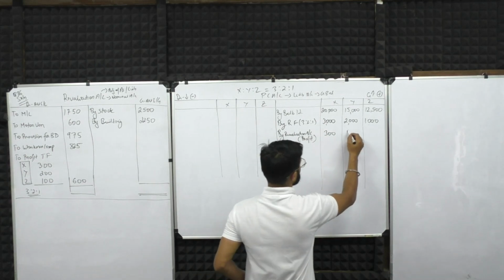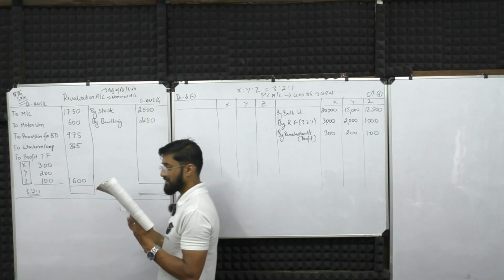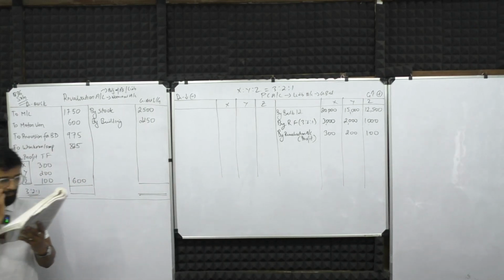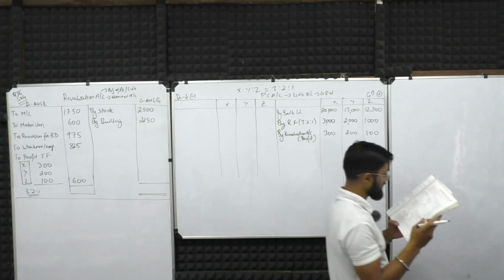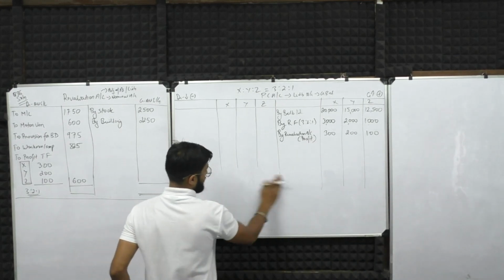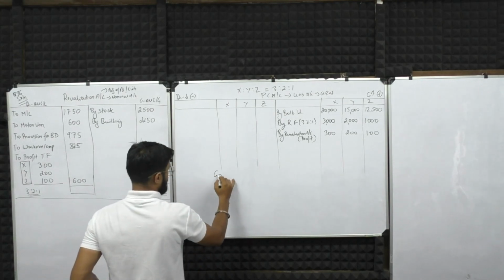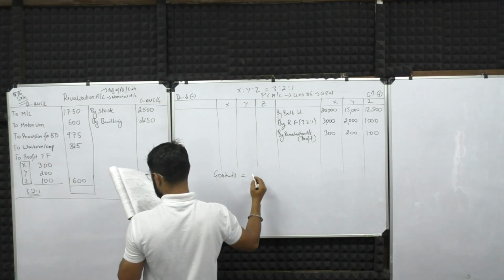300, 200, less 100. Now the existing goodwill treatment. So goodwill treatment: total goodwill here is 9,000, goodwill of the firm.